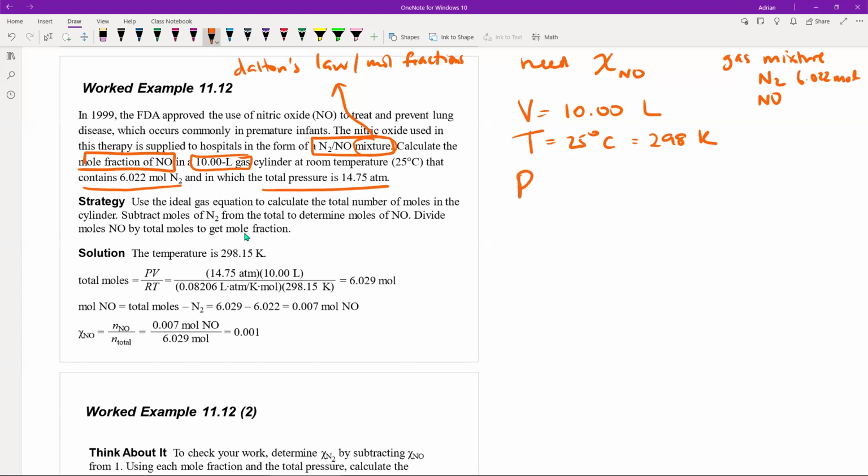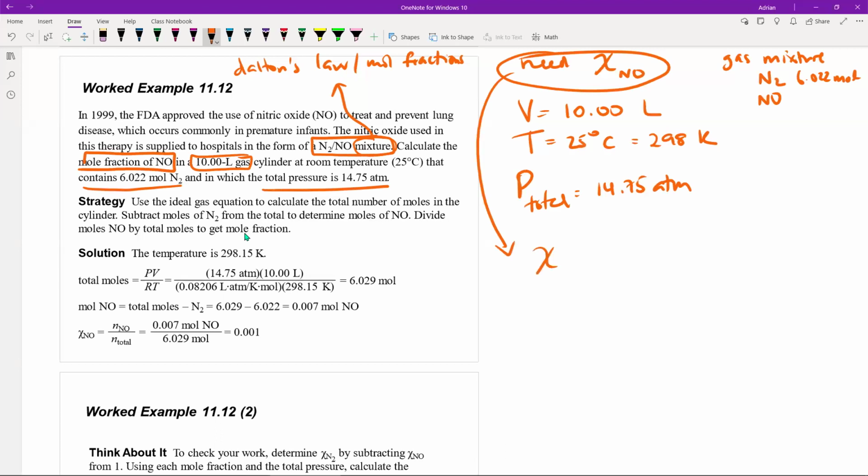So the total pressure here is 14.75. And what we need is the mole fraction of NO. So what is the mole fraction? Well, the mole fraction of NO is simply the number of moles of NO, n_NO, divided by the total number of moles.